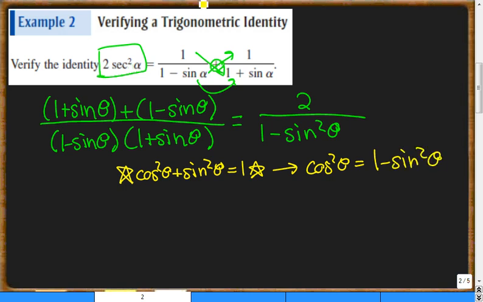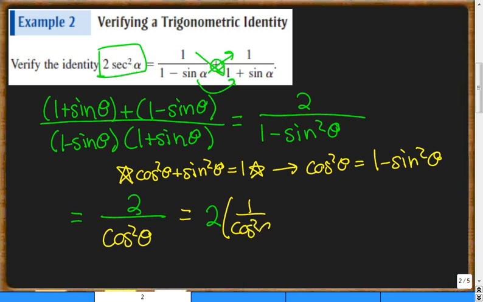So I can go ahead and replace these. So I'm going to get 2 over cosine squared theta, which, if you remember, 1 over cosine squared theta is the same thing as secant squared theta. So you can think of this as 2 times 1 over cosine squared theta, which is 2 secant squared theta.